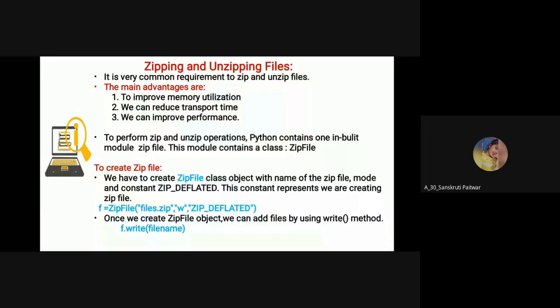This constant represents that we are creating a file. Okay, so while creating any file, we require a ZipFile class object. And what are the parameters for that ZipFile? First parameter is the file name which you want to create. Second, the mode in which you are opening that file, and then the constant.